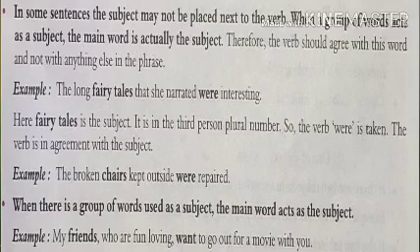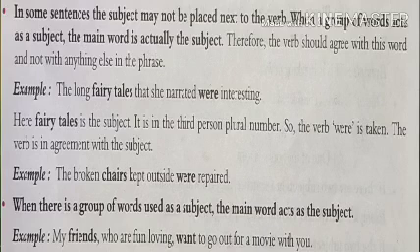She is the subject and after the subject, loves, that is the verb, should be placed. But in some sentences the subject may not be placed next to the verb. When a group of words acts as a subject, the main word is actually the subject. For example, the long fairy tales that she narrated were interesting. Okay, the actual subject is fairy tales, but just after fairy tales we cannot use were.